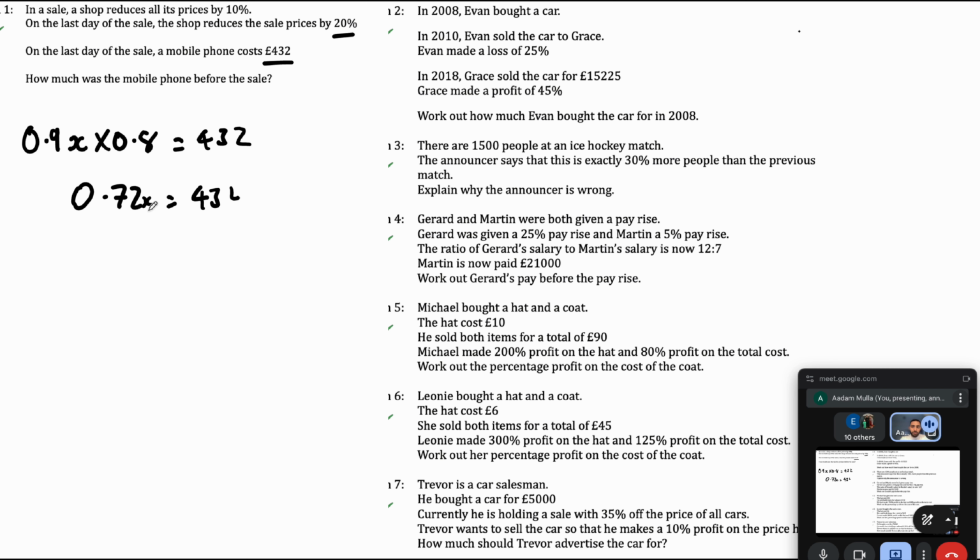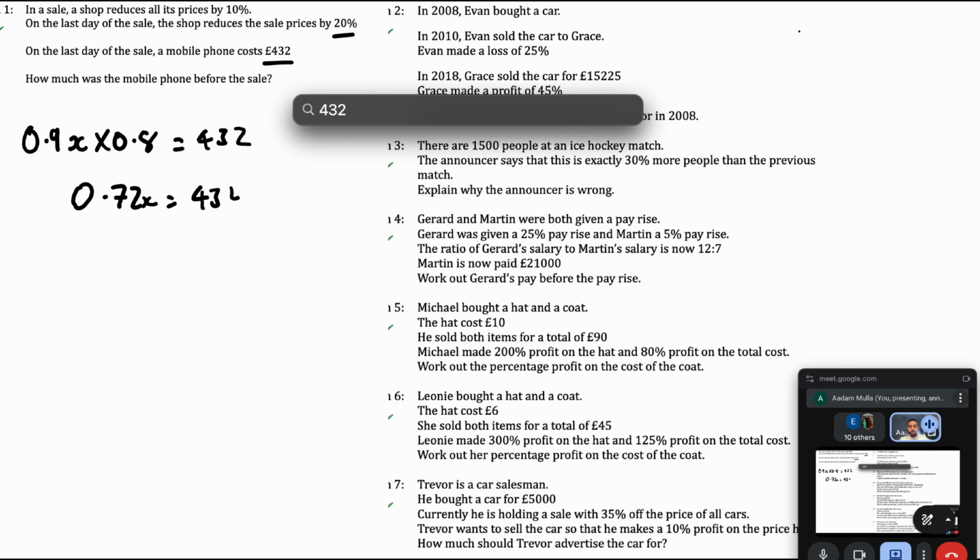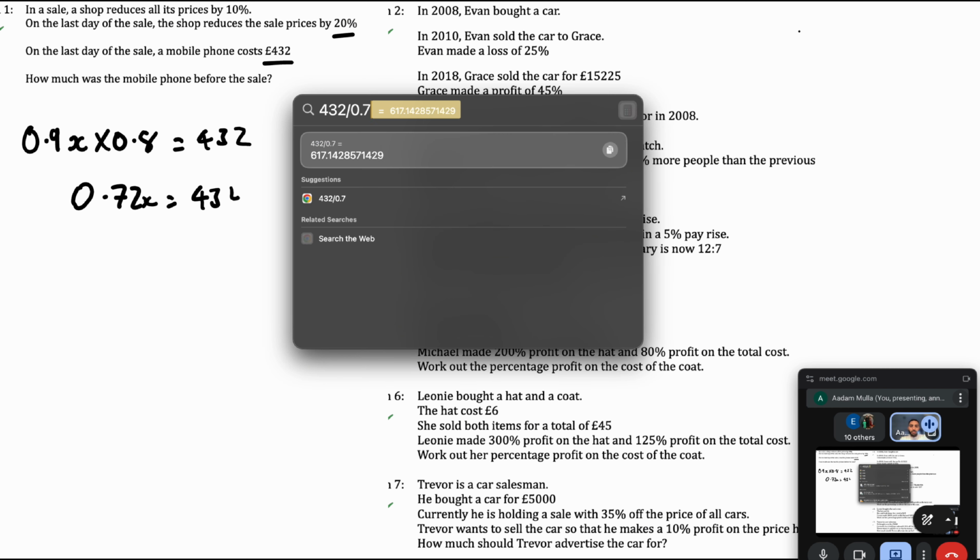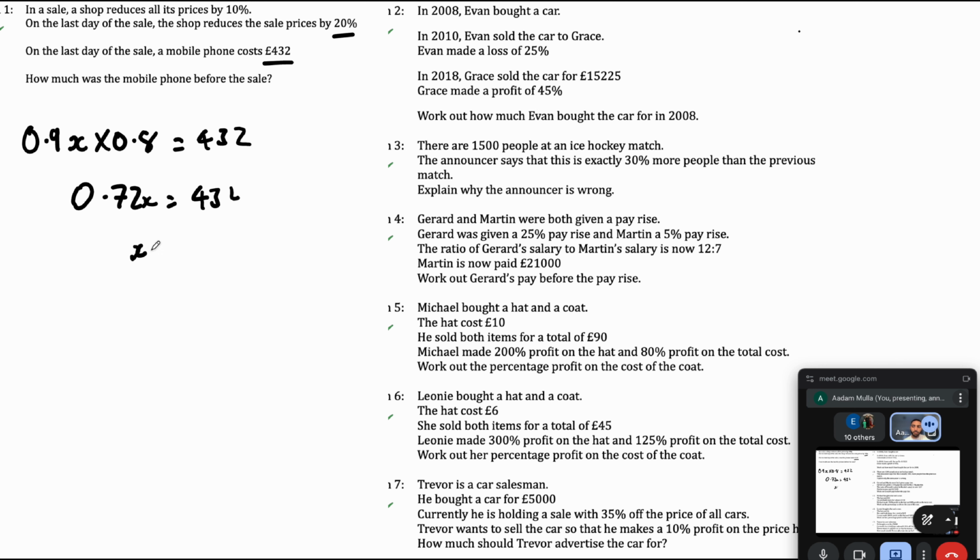Solve this, we just need to divide by 0.72, so 432 over 0.72, which is 600. And obviously you can check this. If I reduce this by 10% and then I reduce it by a further 20%, it should give me 432. So that's just a quick example.